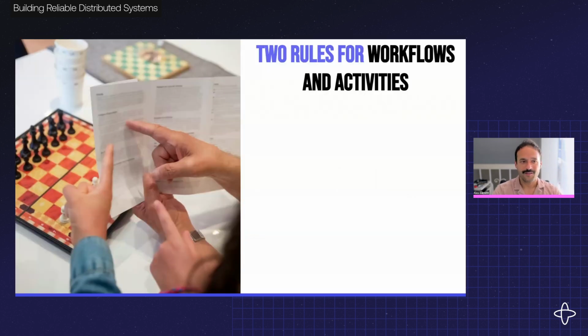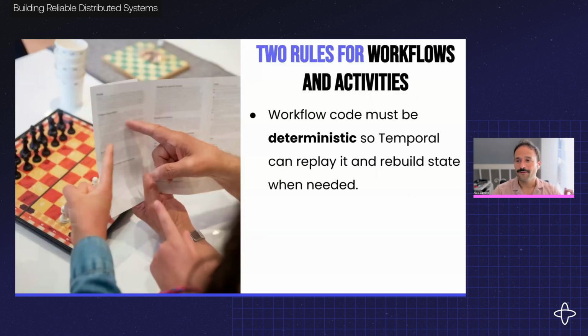Now, here's the distinction. Workflow code should be deterministic because whenever Temporal is running one of your workflows, for every step that workflow takes, it's automatically synchronizing the server state with the client-side code.